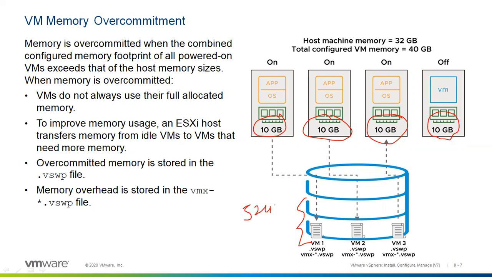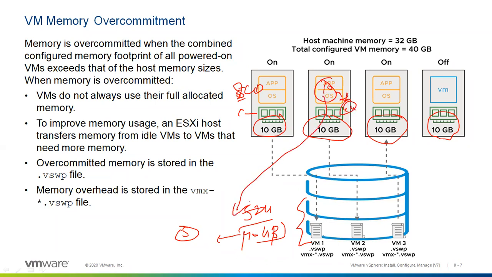Suppose I have 40 GB as my underlying physical memory. This 10 GB is not always fixed. If right now it's using 5 GB, it means my host has a 5 GB buffer. For the time being, if it's using 8 GB, then it will give that. And if the machine goes to 10 GB and after some time comes back to 6 GB, it will take 4 GB back.